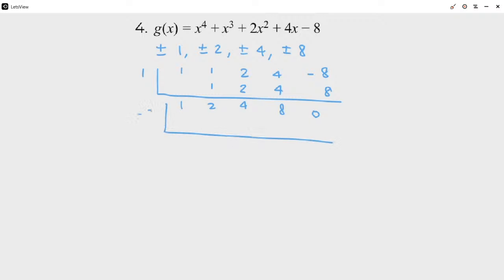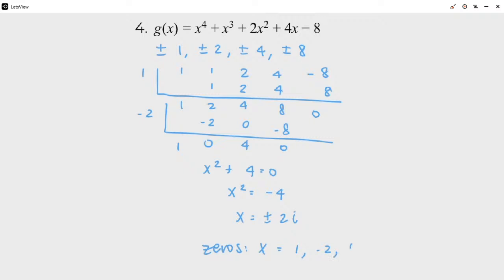And let's try -2. Okay, so both of those worked, and we get the same thing. So we get x squared plus 4 equals 0. So x squared equals -4, so that means x equals plus minus 2i. So the zeros are x equals 1, -2, and plus minus 2i.